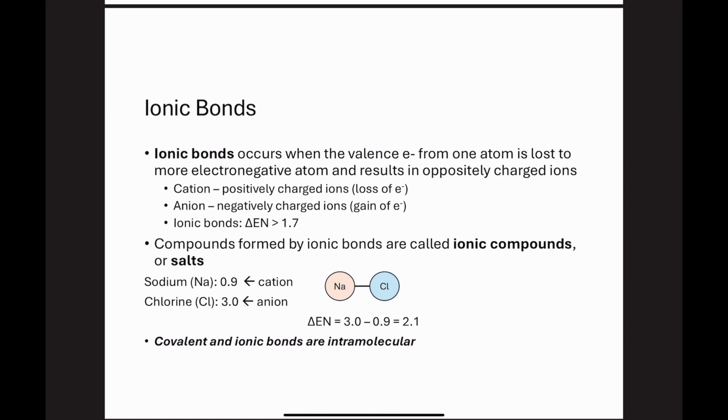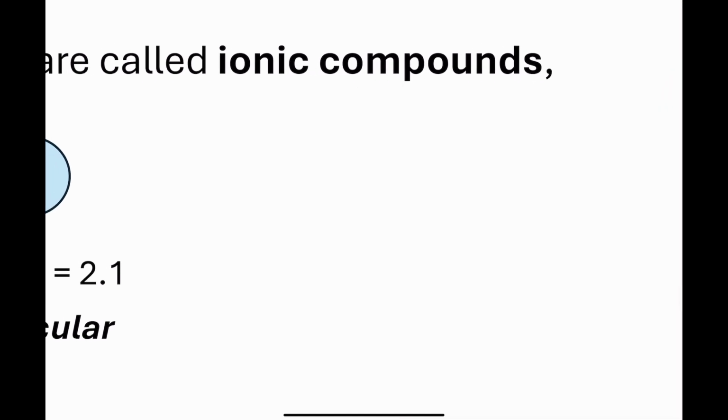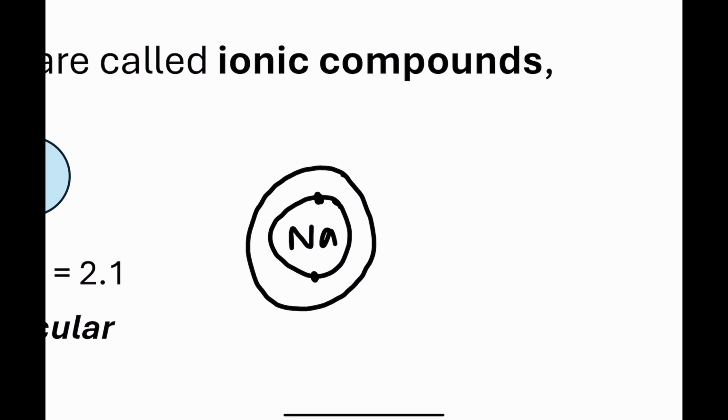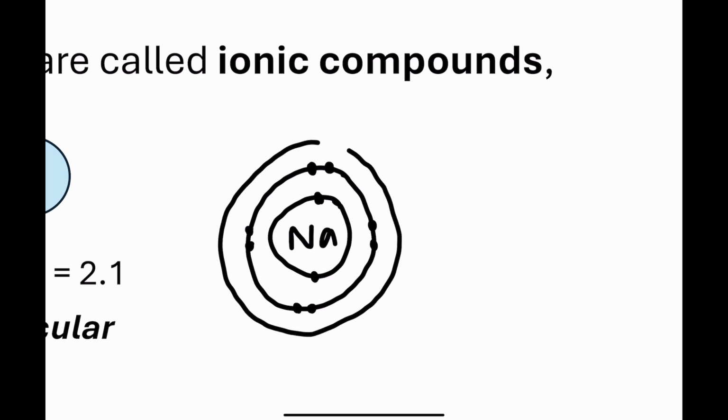So, for example, we have our NaCl molecule, which is table salt. When we look at sodium's electron configuration, we see that it has one valence electron, because sodium is going to have 2 electrons in its first shell, a complete second shell with 8 electrons, and in its third shell, only 1 electron.